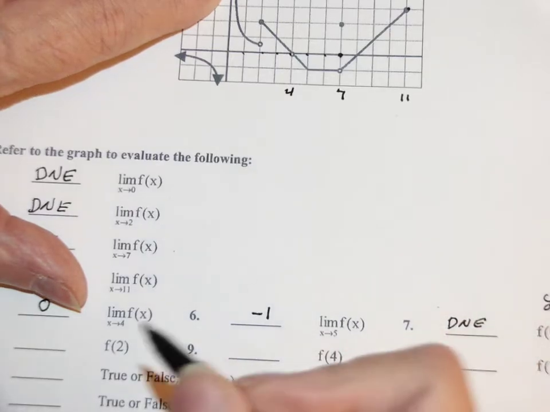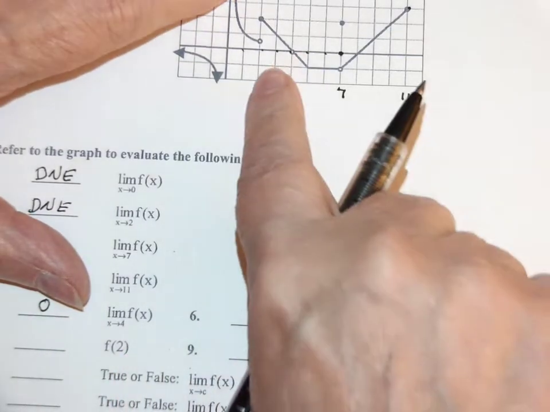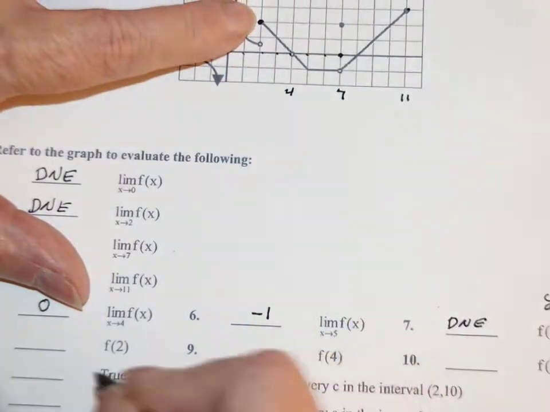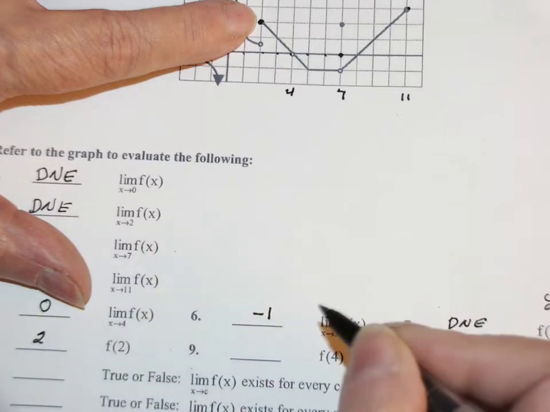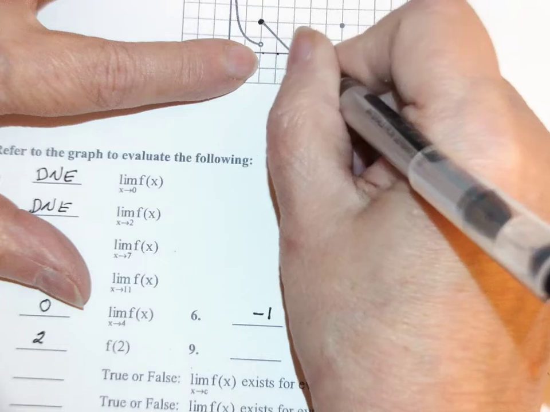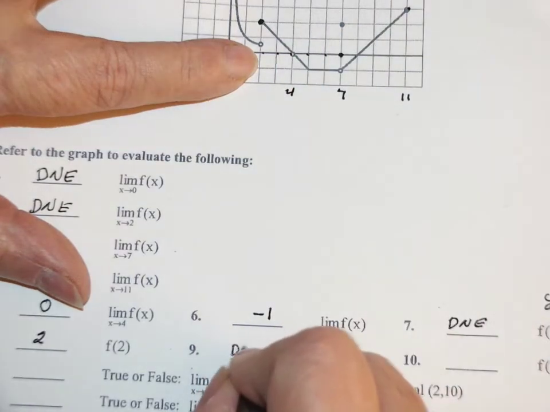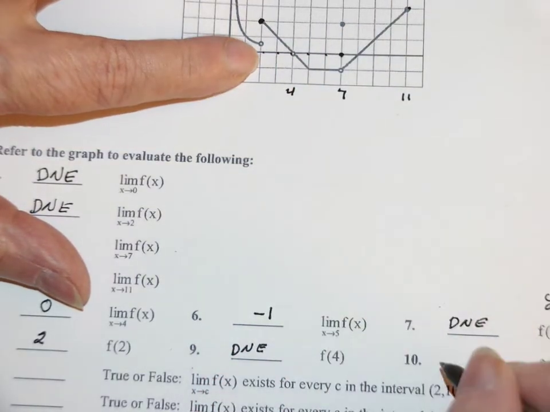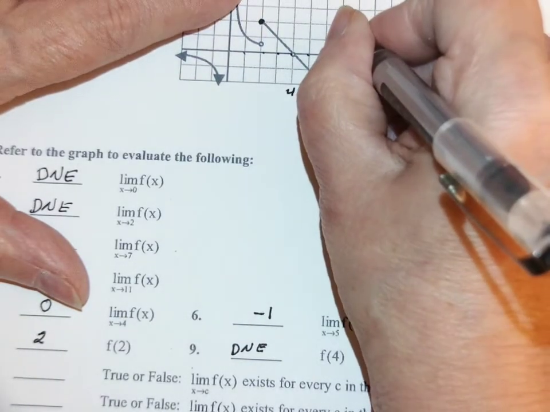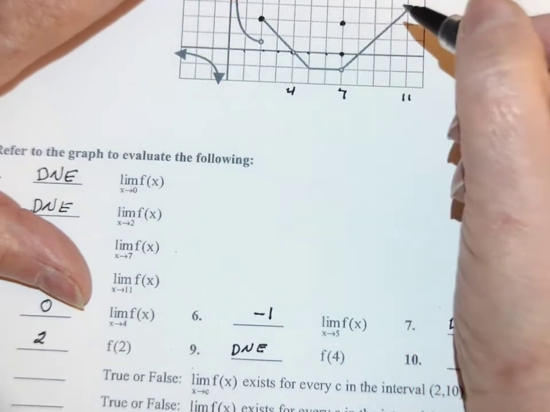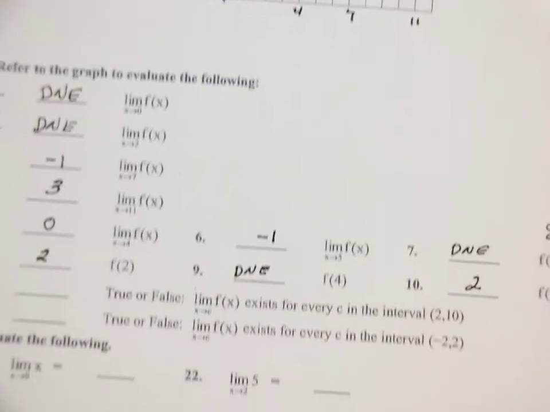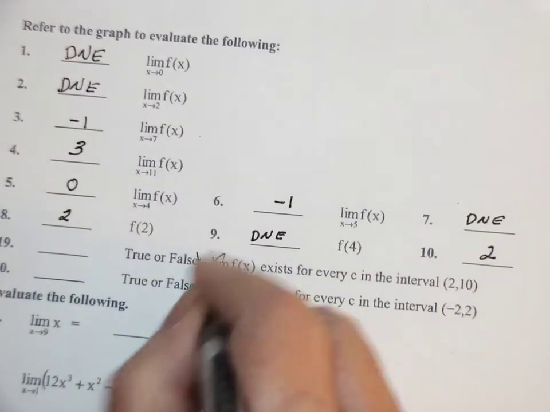One's infinity, one's negative infinity. 2, that's this solid dot right here, and it's 2. 4, there's nothing there. 7, well, 7 has a dot right there, so that is the y value, and it's 2. And then we X these out.